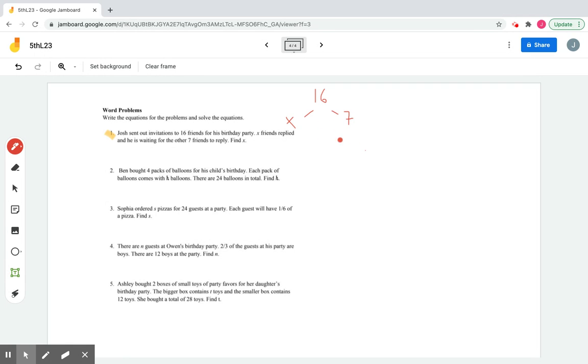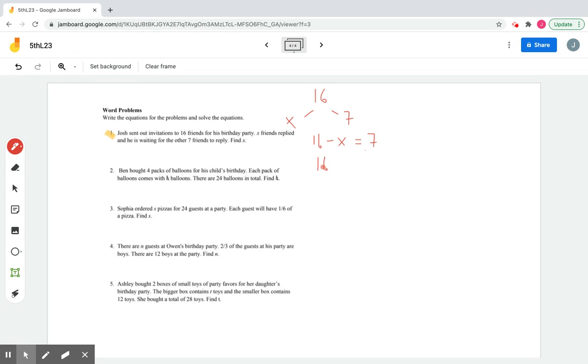In order to find X, I'm going to set up the equation. 16 minus X is equal to 7, right? Because X friends replied, and the 7 friends didn't reply.